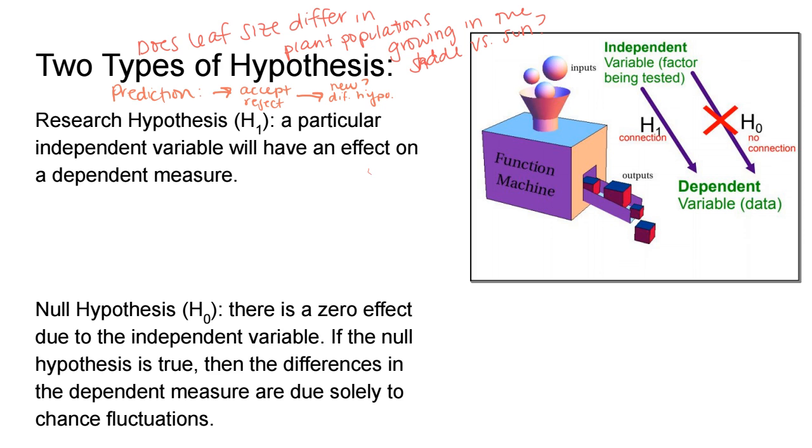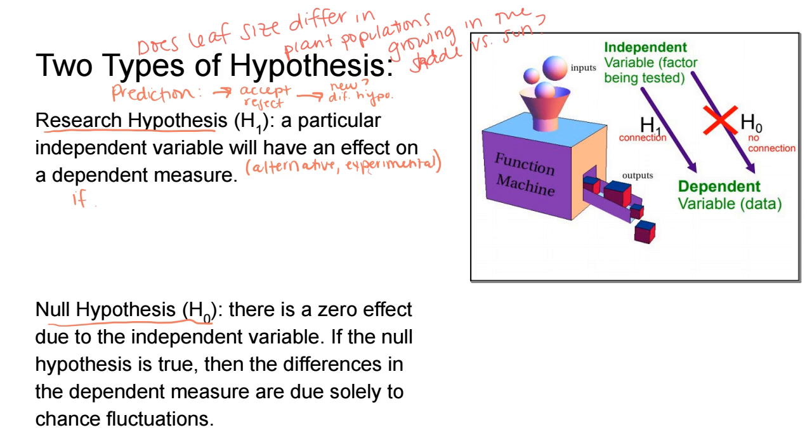So we do two types of hypotheses in AP Bio: a research hypothesis, and you will also see a null hypothesis. Another word for a research hypothesis, it's also called an alternative hypothesis or an experimental hypothesis. And you are most familiar with these.